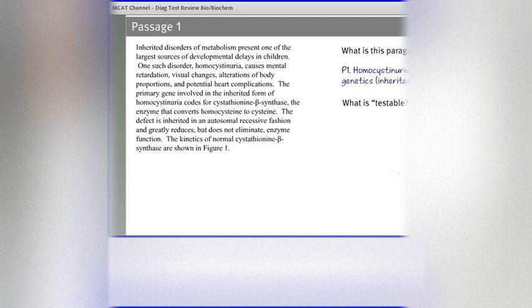And additionally, scanning down through, we've got some sort of primary gene. So it's a gene mutation, exactly right, Maribel. And then it's an autosomal recessive, so maybe I'm going to get a question about autosomal recessive versus autosomal dominant versus sex-linked or X-linked. These are the sort of things that on the MCAT tell me future question.